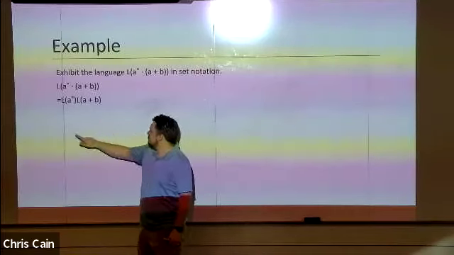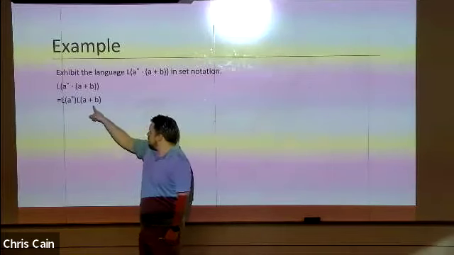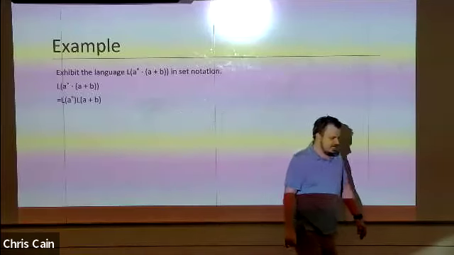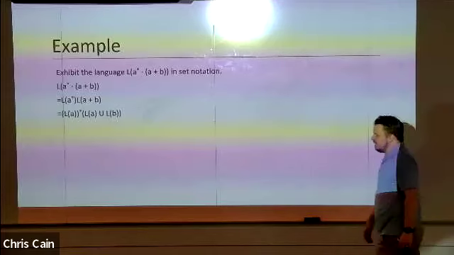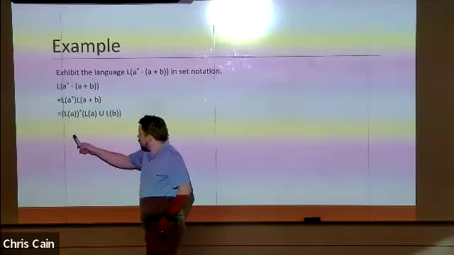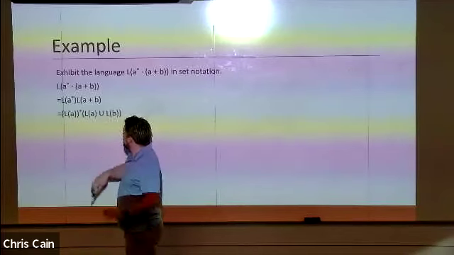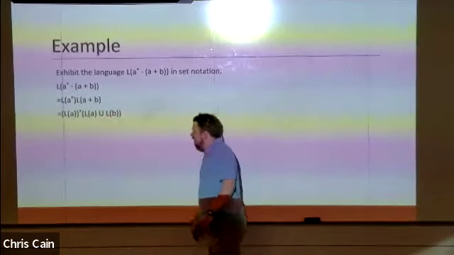So this is equivalent to the language of the star closure of A, concatenated with the language that accepts A or B. Taking the A or B, we can apply that rule recursively and say that we're going to add a third language into this, to the language of A star. Notice that I added an extra set of parentheses around this. Language of A star, language of A, union language of B.